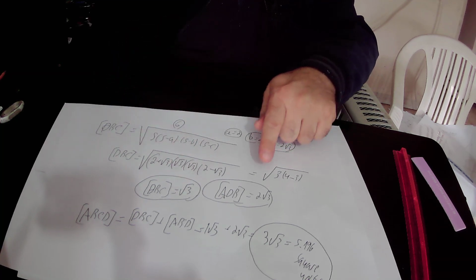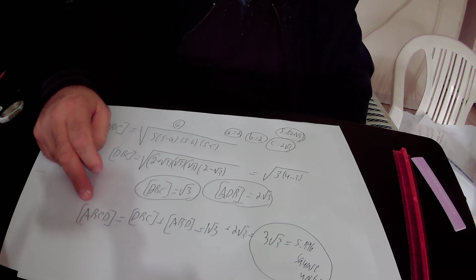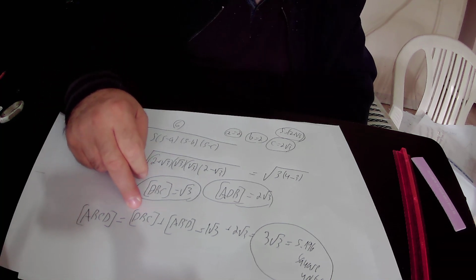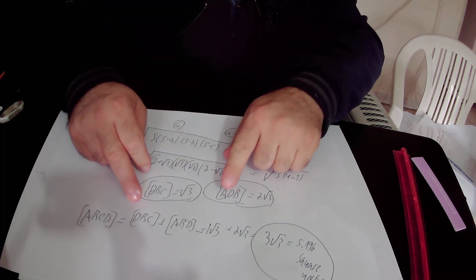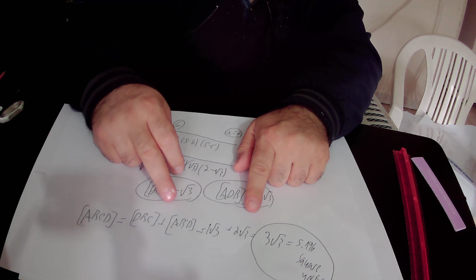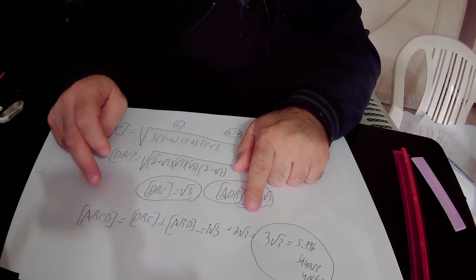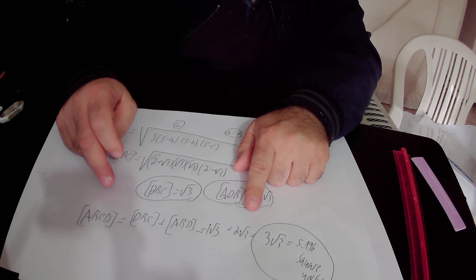and the area of triangle ADB is 2 times the square root of 3 square units, and the area of quadrilateral ABCD equals the area of triangle DBC plus the area of triangle ABD. The area of triangle DBC equals the square root of 3, and the area of triangle ABD equals 2 times the square root of 3, so the area of quadrilateral ABCD equals the square root of 3 plus 2 times the square root of 3.